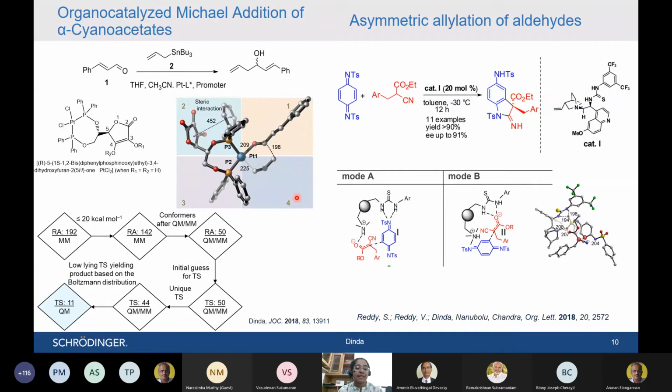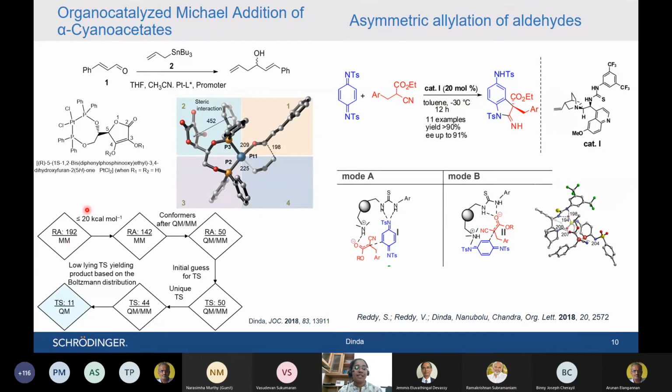So the thing is that you can see in that rate determining transition state, if you have the substrate and the catalytic backbone substituents, there are so many rotatable bonds. As a result, you will get a lot of conformers.